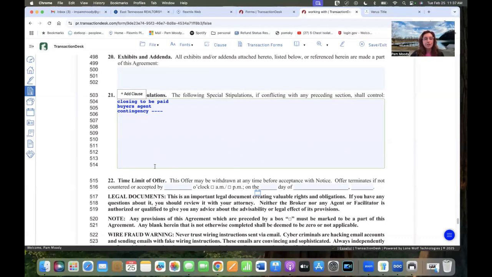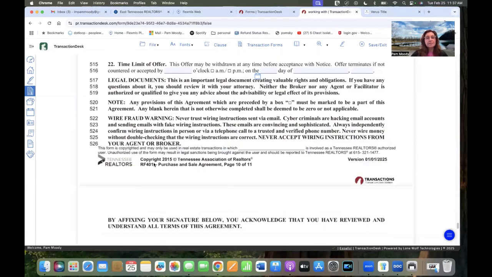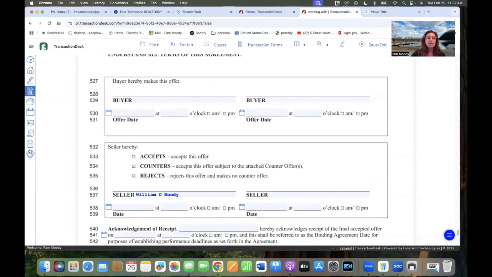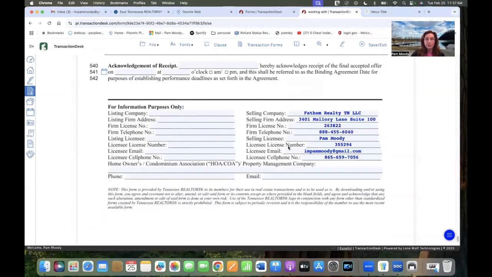It's a little pressure. A lot of times you can't answer it. But anyway, there's a time limited offer we give them, accepted by a certain time on a certain date. Usually, like I said, I like to give people 24 hours so they can think about it. And then you sign it. We send it to them. They either accept it, reject it, or they counter and send us a counter offer.